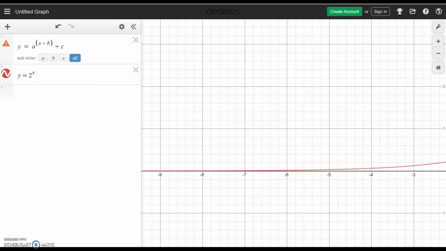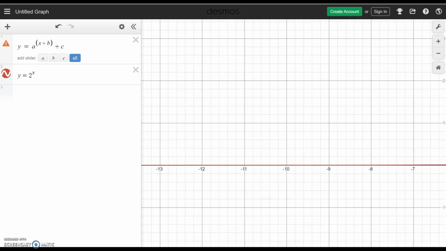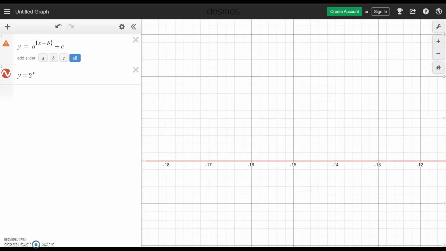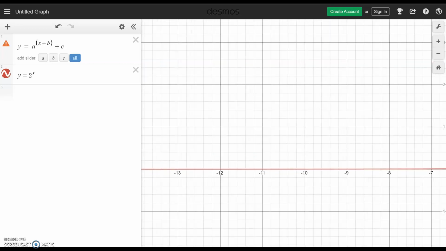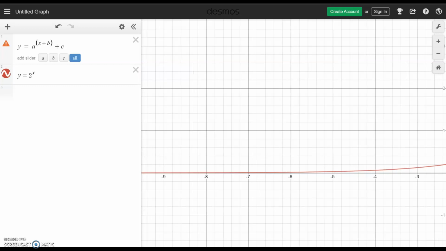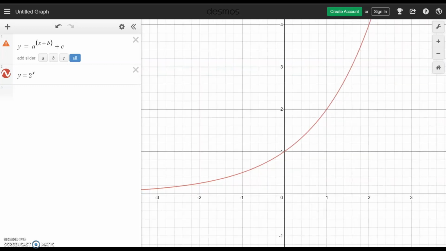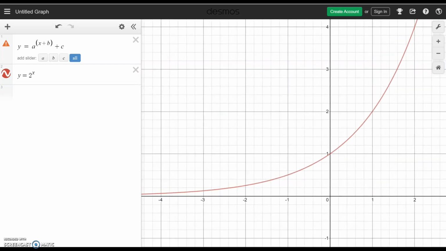The more and more I zoom across, the closer it gets to 0, but it never actually gets to 0. So that is the first feature of a graph that's really useful, and that's the starting point I always use. First thing I want to do is look and identify the asymptote.